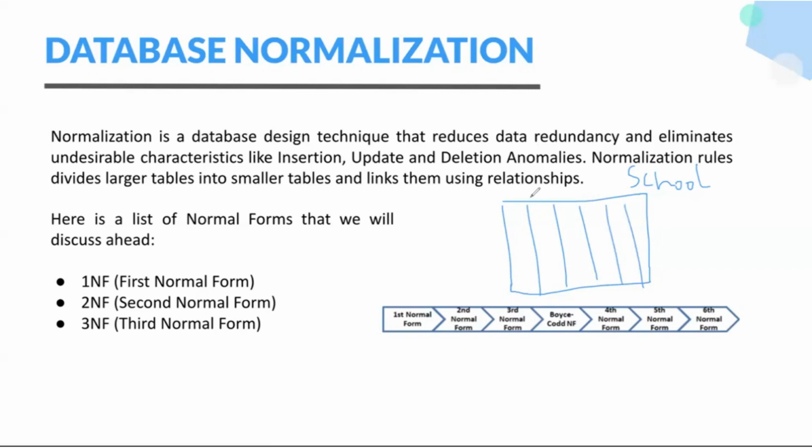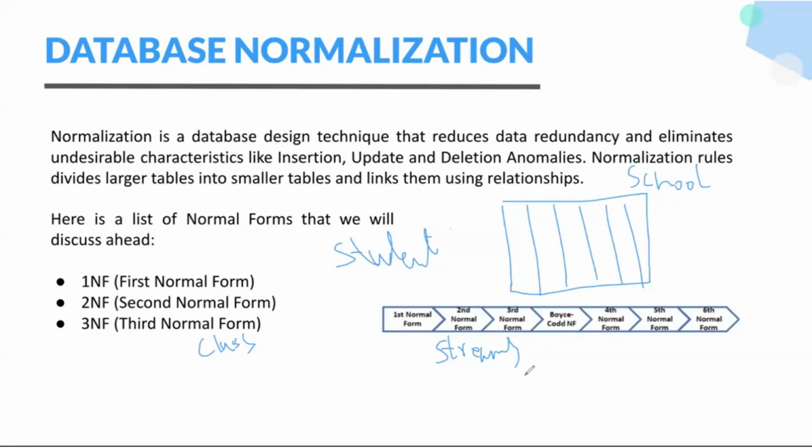So out of this table, we created one table called student. Then we created one table called classes. Then we created one table called streams, that can be science, arts, commerce. And this is how we created multiple tables. So now it's easy for us to understand. That's what normalization means.